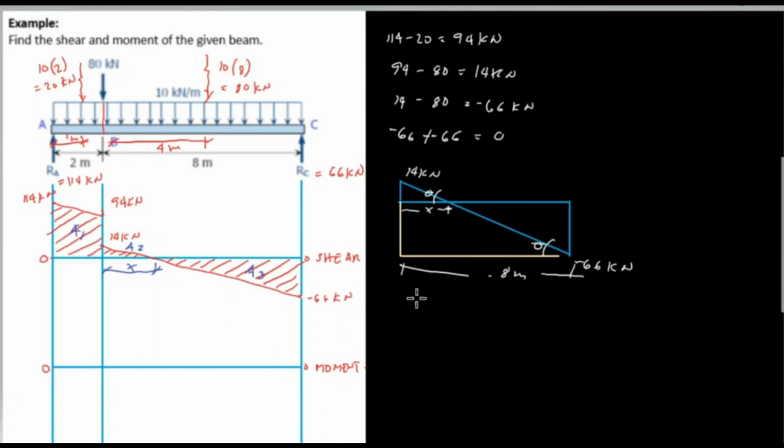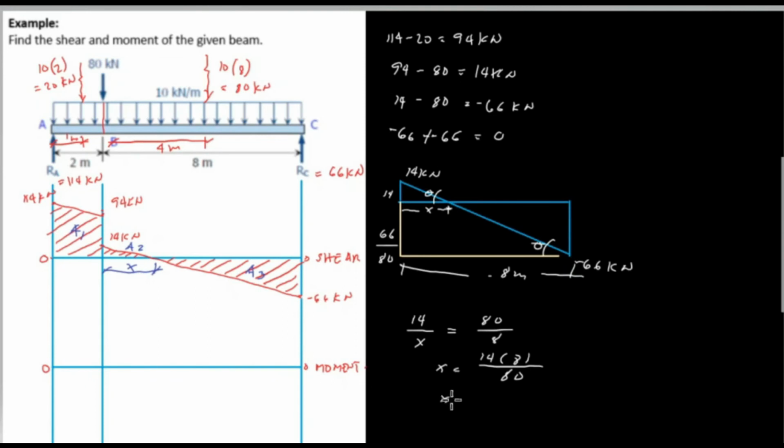The ratio and proportion of the small triangle and the big triangle, we have the height, which is 14 for the small triangle over x, the base, is equal to the big triangle, this one, and the height is the total length of 14 plus 66, or total of 80. So this is 80 all over the total length of the big triangle, which is 8 meters, or x is equal to 14 times 8 divided by 80.